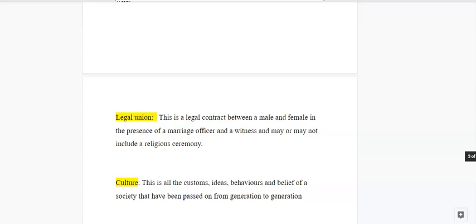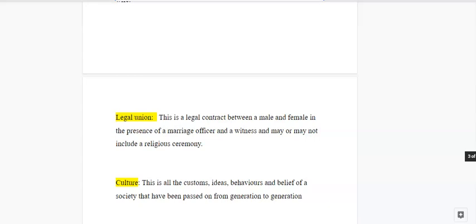One example of a legal union would be that of a marriage, and we already know that a marriage can only be performed legally if the parties to be married are over 18 years of age. Otherwise, parental consent becomes necessary.